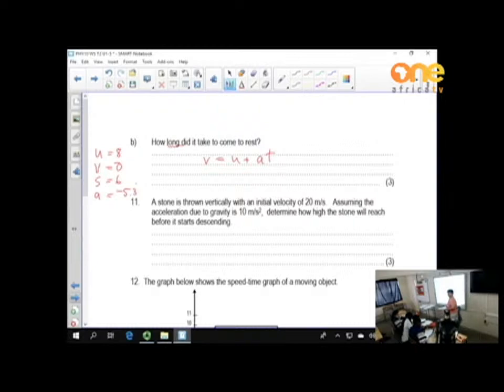Are you with me? Okay. So what is v? 0. U is 8. Our acceleration is minus 5.3 recurring, and we are looking for time. So, minus 8 divided by minus 5.3 is equal to t. So that is equal to 8 divided by 5.3. 1 point.